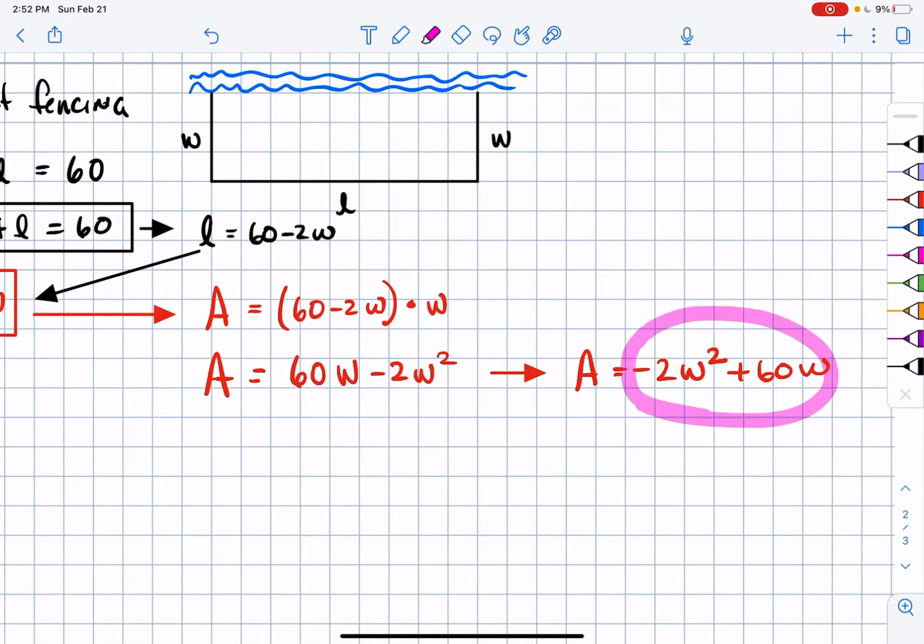Okay? What does that tell me? Well, that tells me that since A is negative, I have a frowny face, which is a maximum.